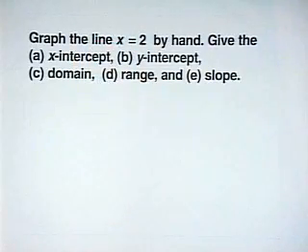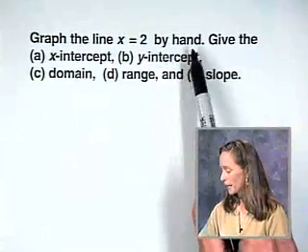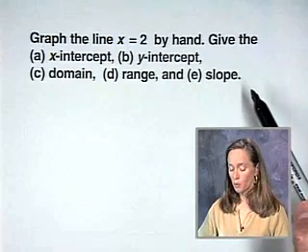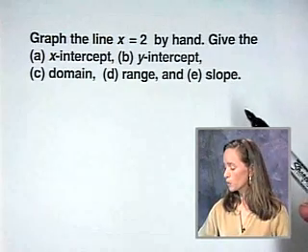From here we move on to the other special case, which is vertical lines. Vertical lines are lines that have undefined slope. With that in mind, let's look at an example. Again, we're going to graph a line. This time we're going to graph the line x equals 2 by hand. We're going to give the x-intercept, y-intercept, domain, range, and slope.